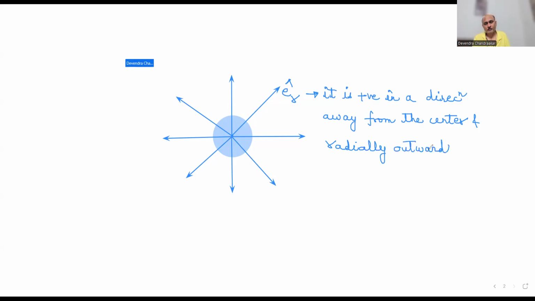Okay, please remember this. This is e_r. So this is the radial unit vector.